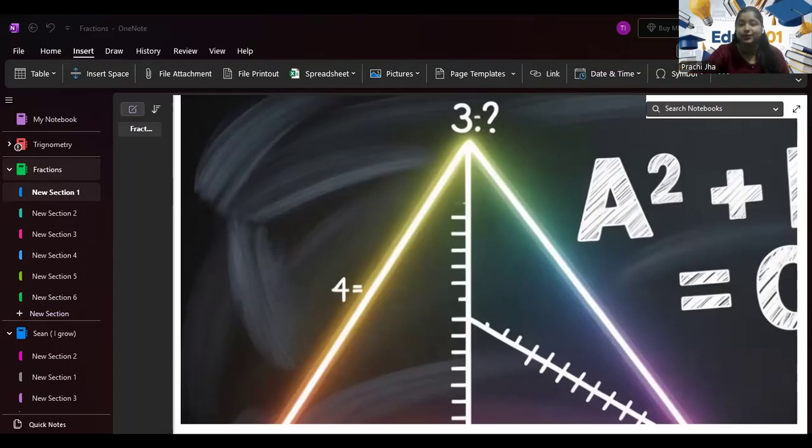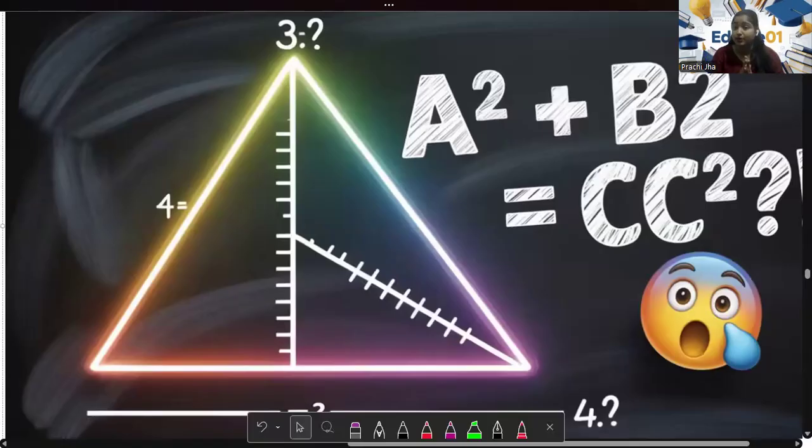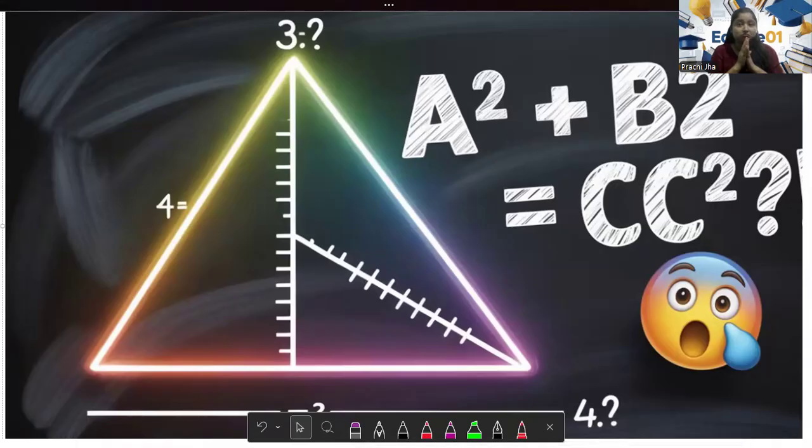In today's video, we are going to understand and learn one of the easiest yet trickiest yet important concepts of mathematics. And that is nothing but Pythagoras theorem.